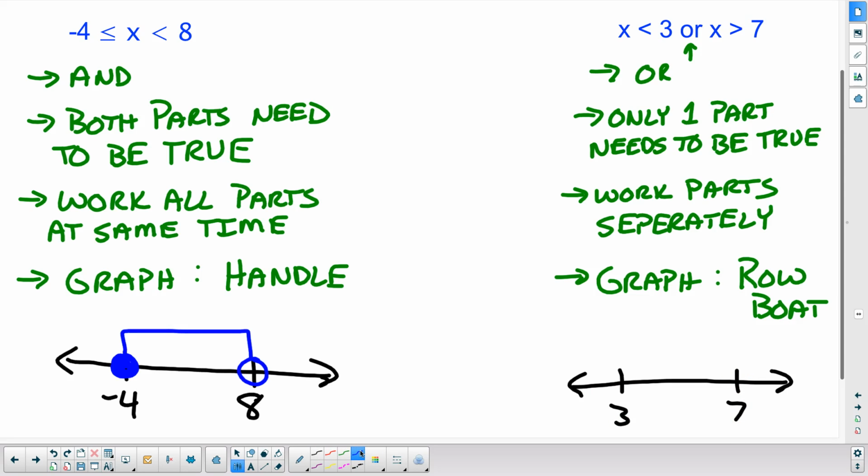I want numbers less than 3, so I'm going to make one or of the rowboat, and I want greater than 7. There's the other or of the rowboat. Okay.